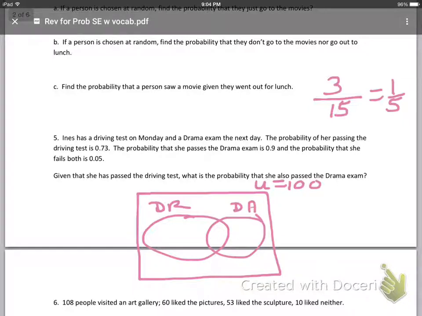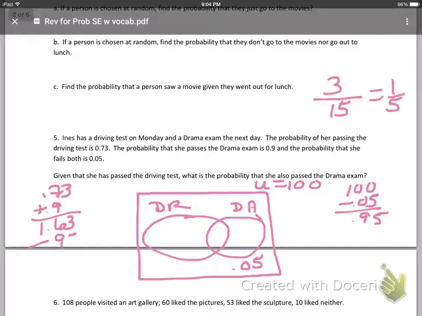Okay, they fail both. The probability of her passing the driving test is 0.73. The probability that she fails both is 0.05. All right, so 100 minus 0.05 is 0.95. All right, that's my magic number. Now I'm going to take 0.73 plus 0.9, and I get 1.63, and I'm going to subtract 0.95.